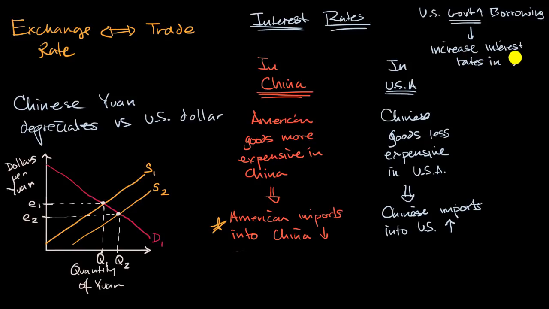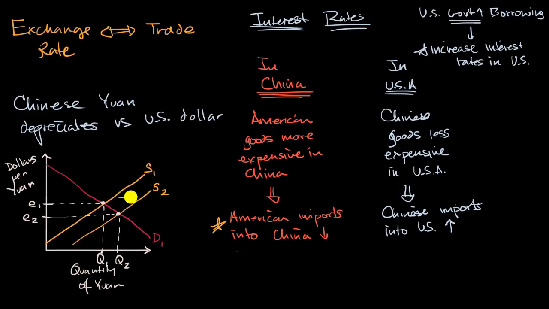Now, if you have increased rates in the U.S., what might happen for folks in China? Well, they might say, hey, we are more interested in holding dollars because in a dollar bank account, all of a sudden we get more interest. And so that could have the effect that we saw earlier, where it could say, hey, more yuan holders are interested in converting into the US dollars.